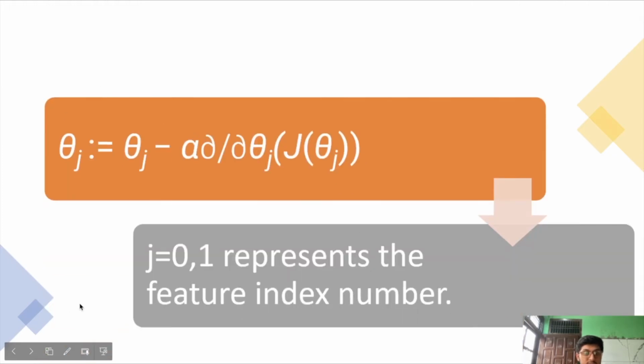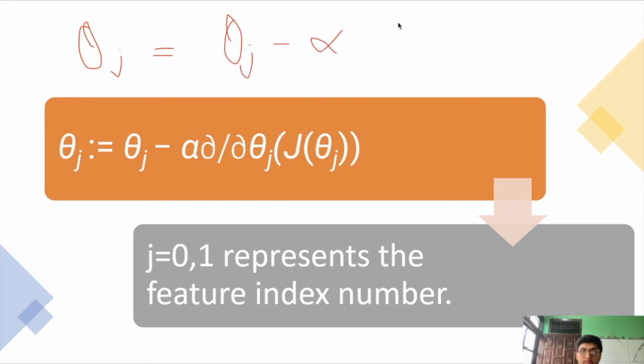So this is our formula. Let me just write this. Theta j is equal to theta j minus alpha times the partial derivative with respect to theta j of J of theta j.